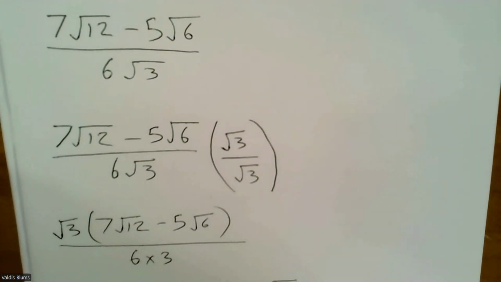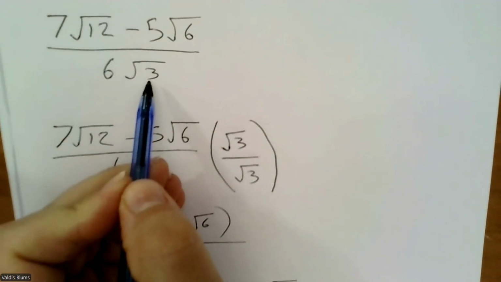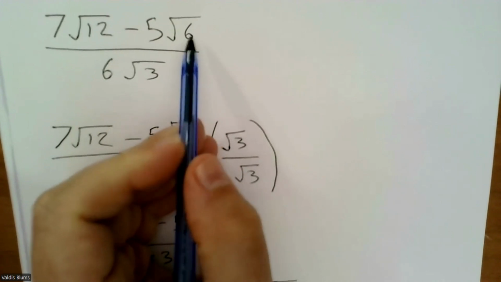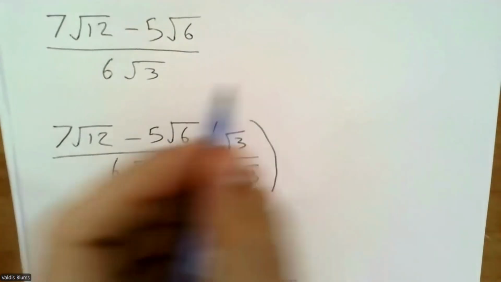Again, it's to minimize the number of things that you're having to rewrite every time. So you're minimizing that chance of writing something incorrect, going from one line to the next. So I see that it's a 3 that I'm trying to get rid of. 6 can be broken down into 3 times 2. 12 is 3 times 4.